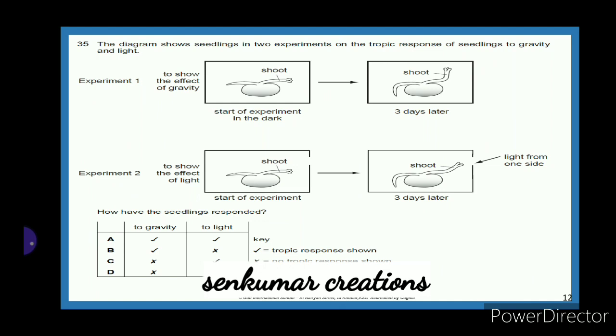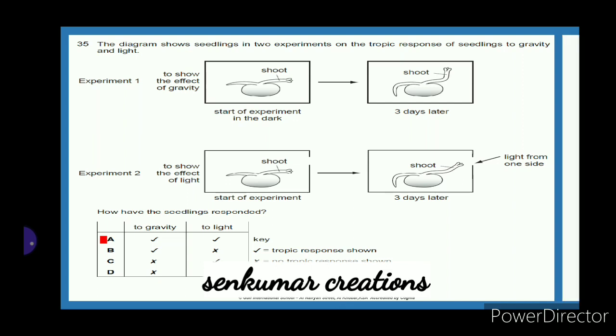How have the seedlings responded? To gravity or to light, A, B, C, D. So it's given here, to gravity or to light. Yes, both. For gravity, both the shoot and root parts are growing, so we can say both are given a tick mark.